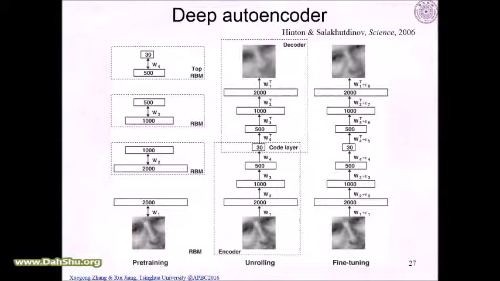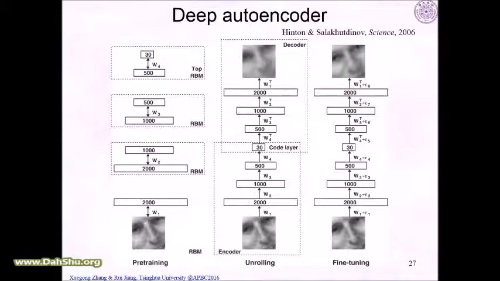nodes. And this is slightly different from the previous version of training. They use RBM training, which I will explain later, but the basic idea is the same. After this multi-layer information compression, they get this code of only 30 dimensions.